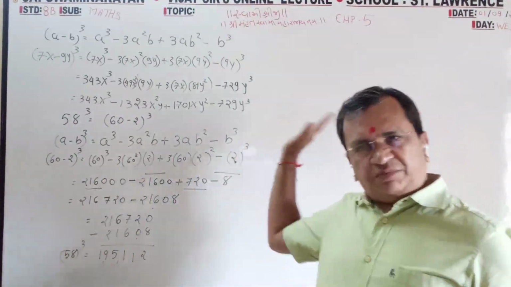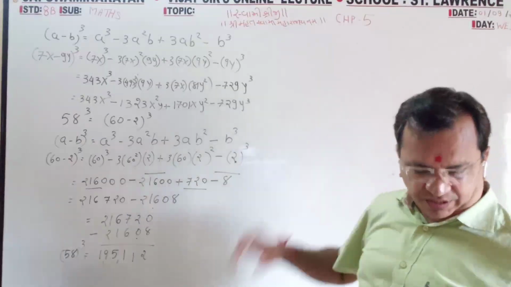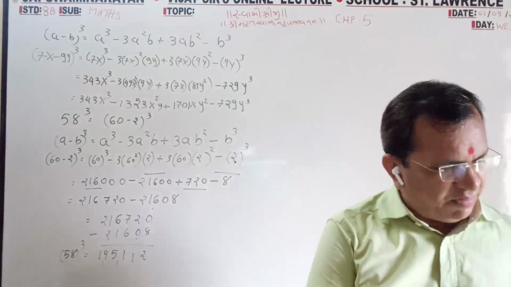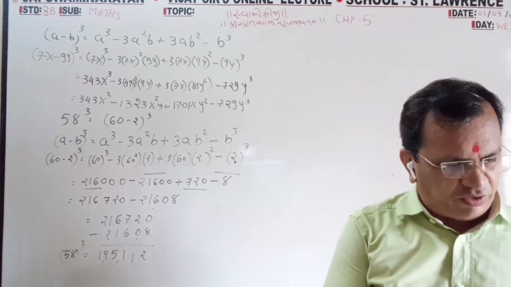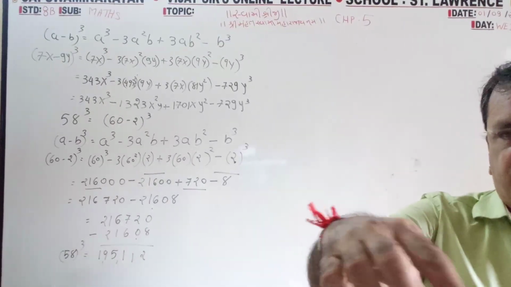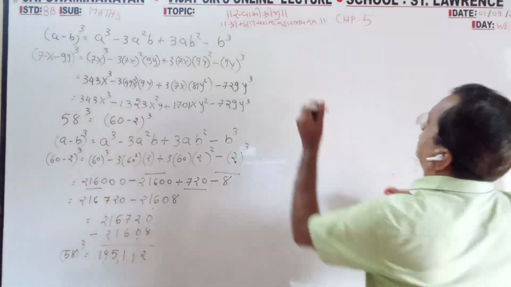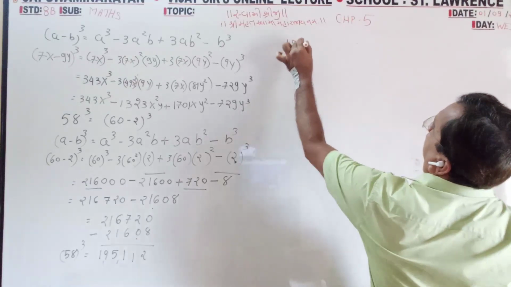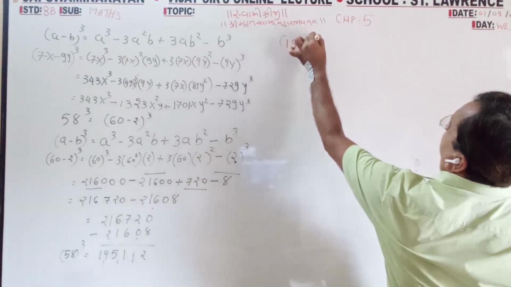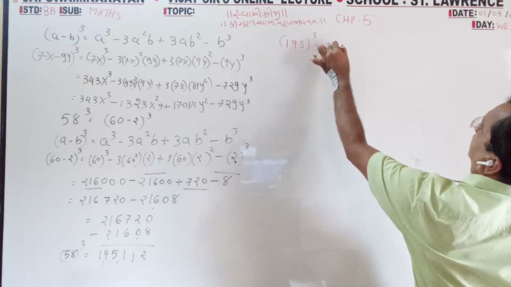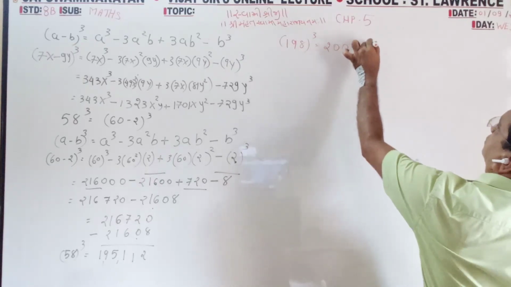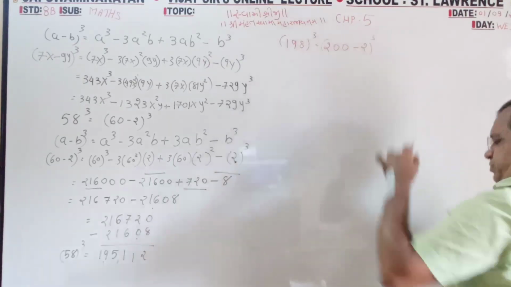Take a screenshot because I want to rub this, because now it is double. Okay, but before that, I also want to do a triple-digit number, 198 cube. It is 200 minus 2 cube.